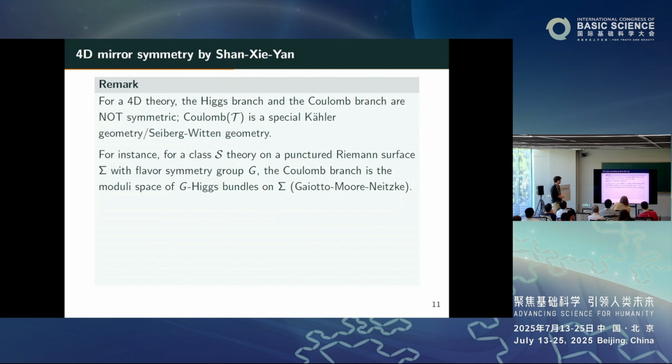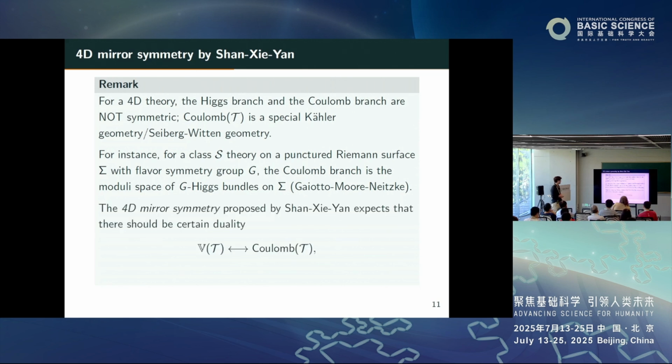So you can't really expect there to be a duality between Higgs and Coulomb branches in the 4D setting in the naive sense. But the vertex algebra is a finer invariant than the Higgs branch, and what is expected is that there should be a certain duality between the vertex algebra and the Coulomb branch.